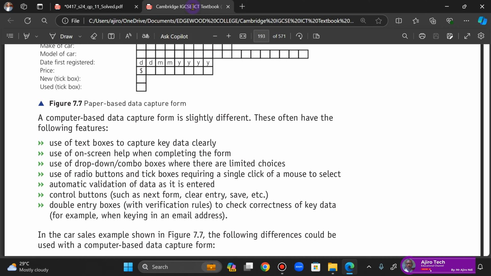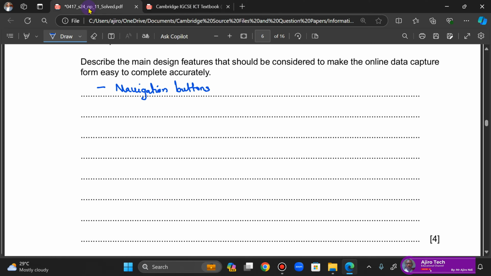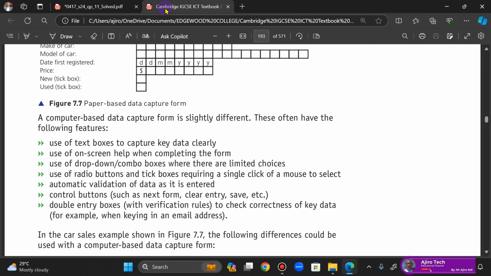And you see it here, control buttons, to move to the next page. Navigation buttons are part of your control buttons.